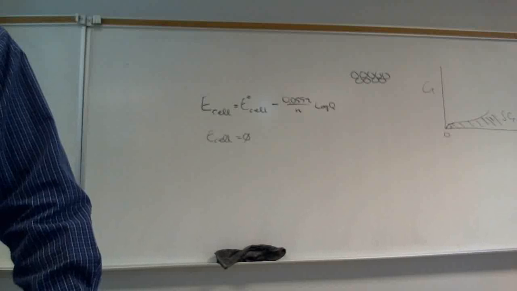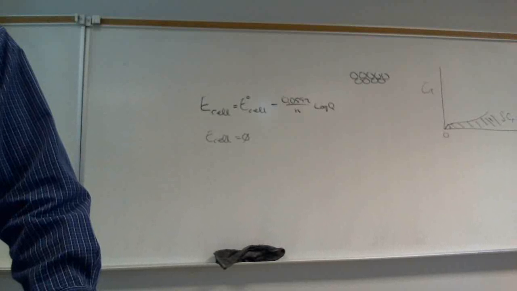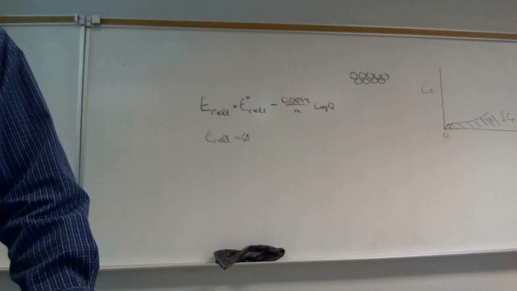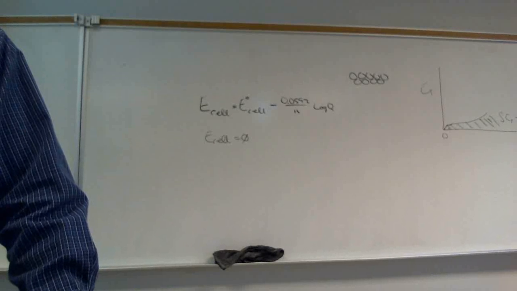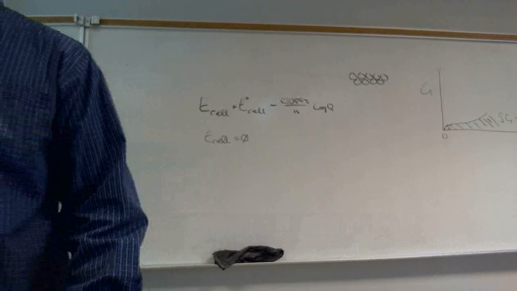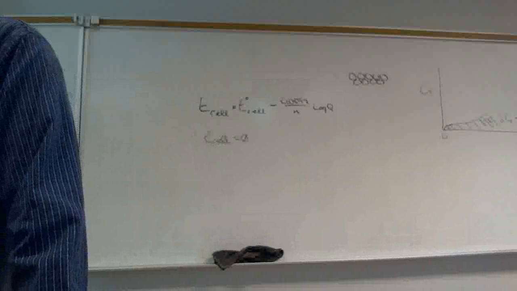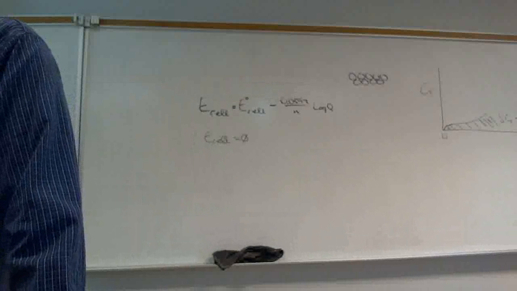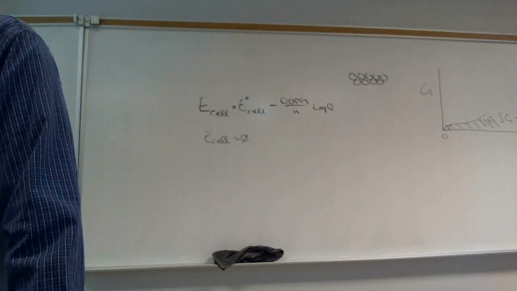S is equal to k ln W. And 1 is the lowest possible number of ways, right? Can you have 0 ways to arrange things? No, so 1 is the lowest number you can get. So 0 would be the lowest entropy. Okay, other questions?